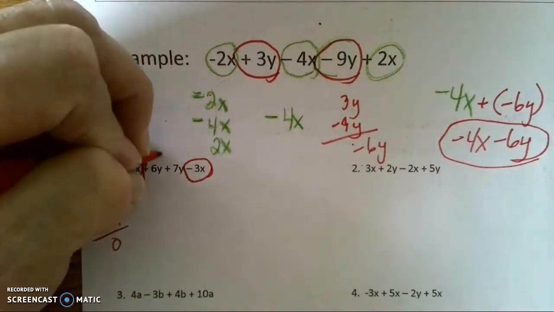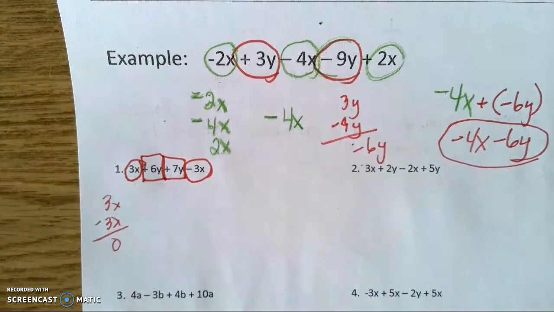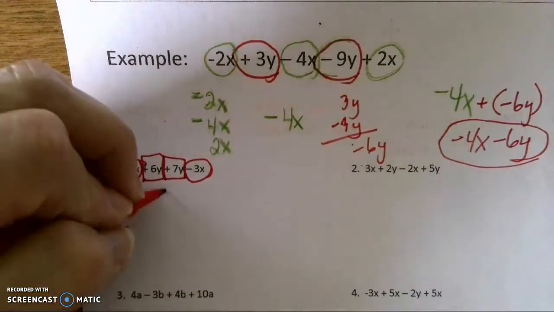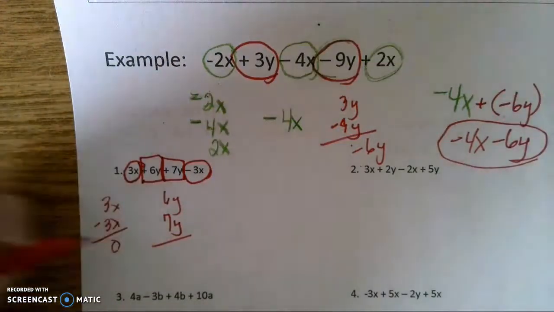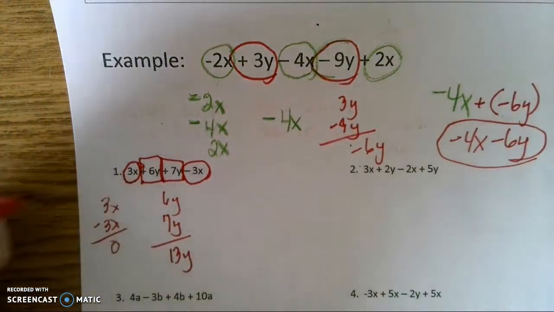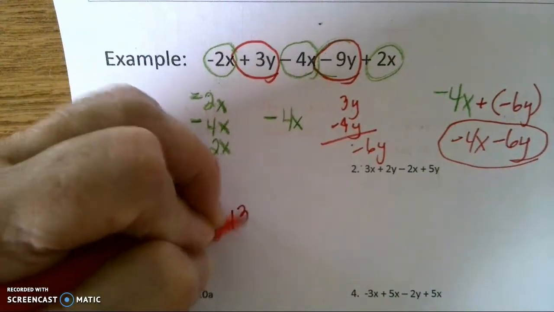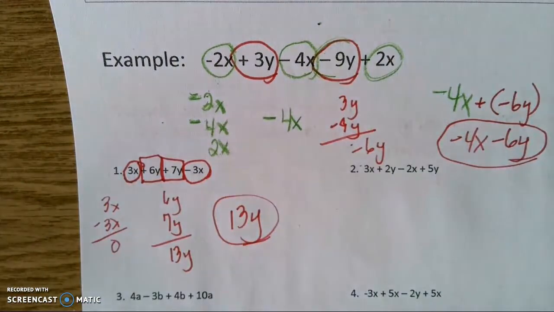I'm going to put a box around 6y and a box around 7y. So now I want to add 6y and 7y. Well, 6y plus 7y, or 6 plus 7, is 13. And 13y, because I have to keep that variable with it, is my simplified expression.